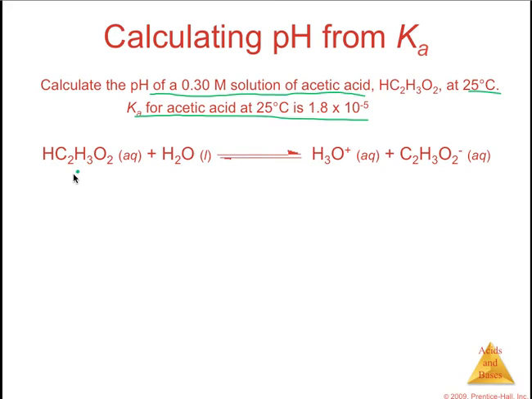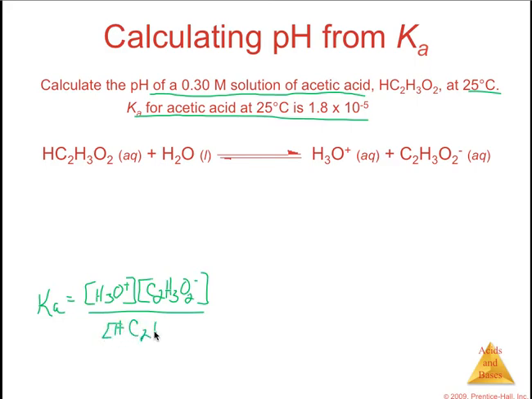So what do we know? Well, we know that the Ka expression is the concentration of the products at equilibrium over the concentration of the acid.